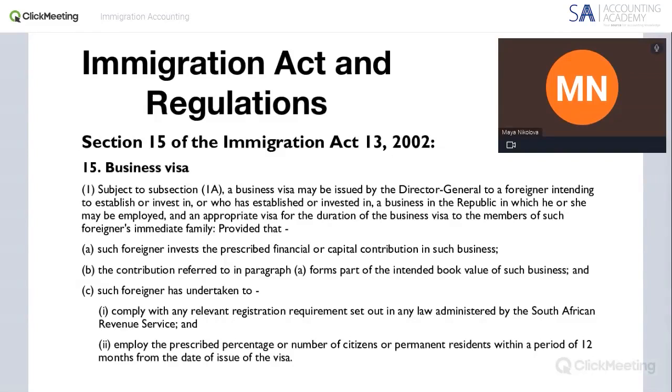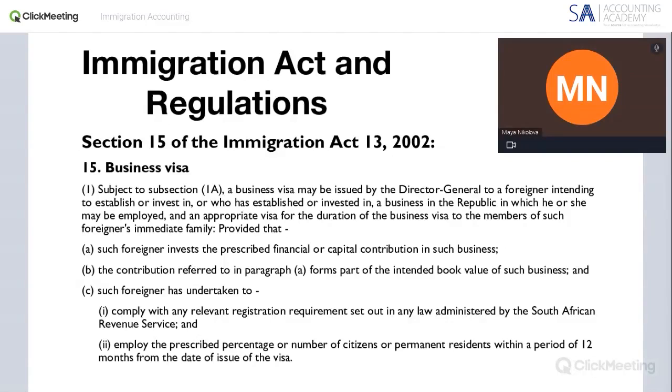The contribution referred to in paragraph A forms part of the intended book value of such business, and such foreigner has undertaken to comply with any relevant registration requirement set out in any law administered by the South African Revenue Service, and employ the prescribed percentage or number of citizens or permanent residents within a period of 12 months from the date of issue of the visa.